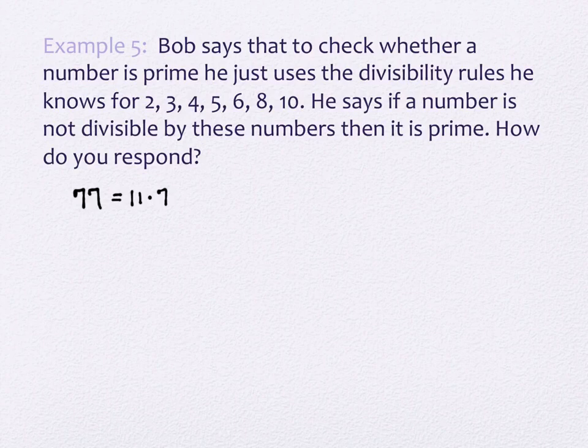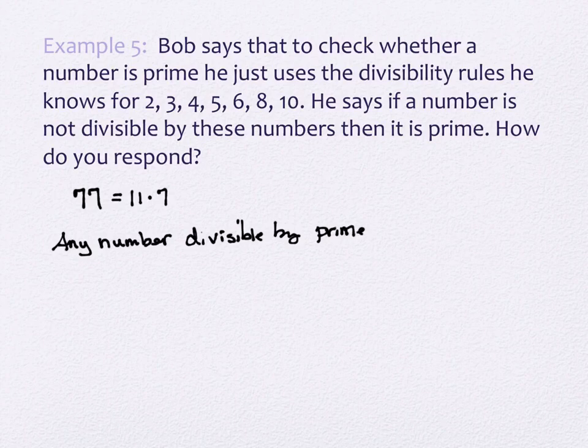Right? So any number divisible by a prime, and it's really 7 or bigger, say 7 or more, would be composite.